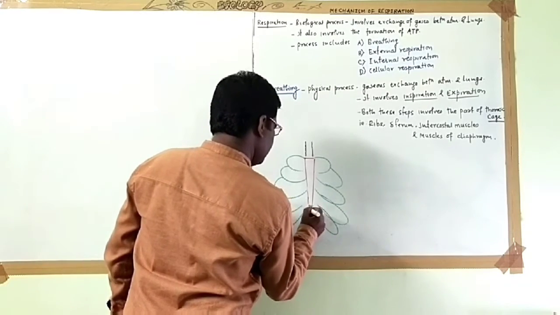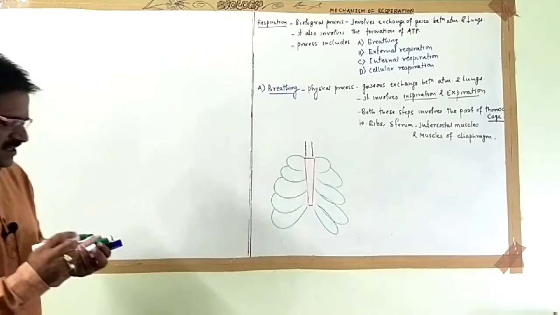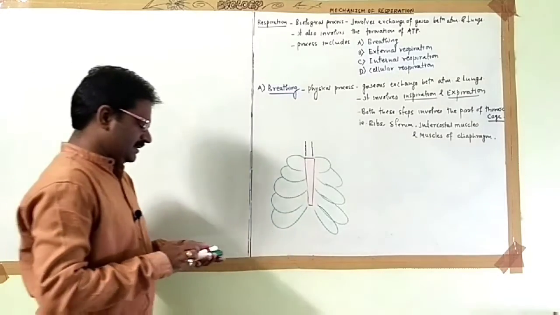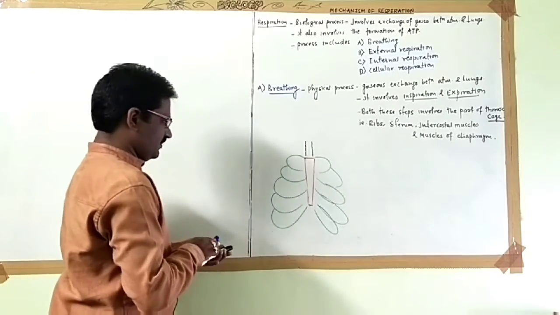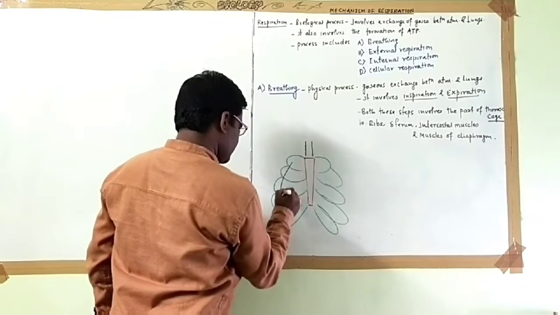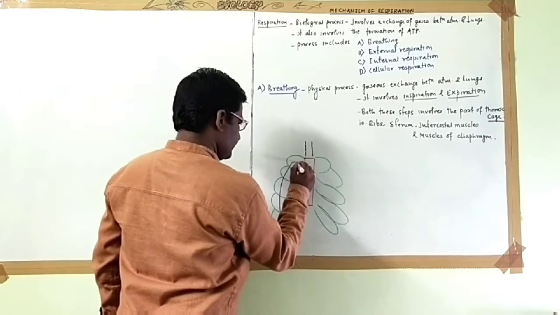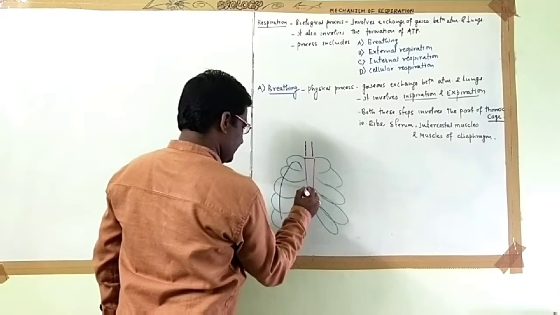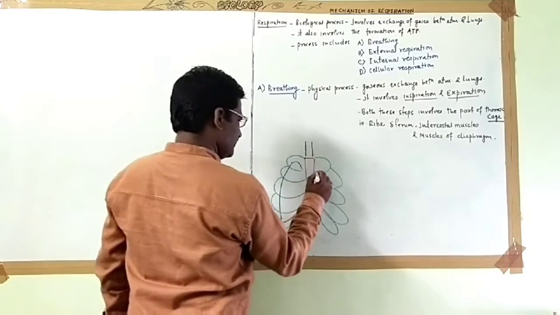Just inside the ribs there are two lungs, the right lung and left lung.